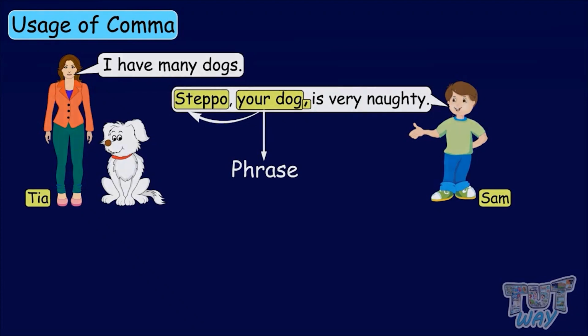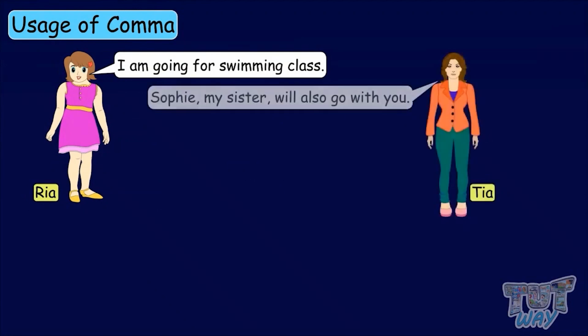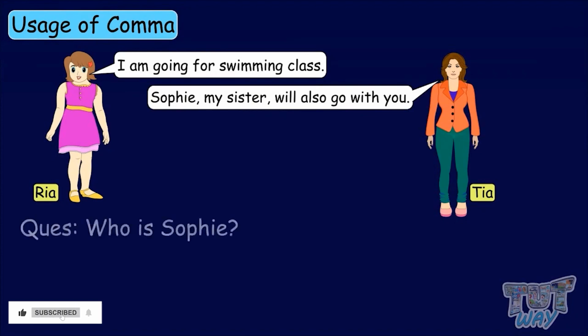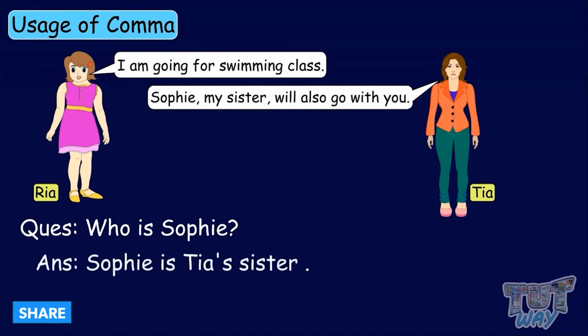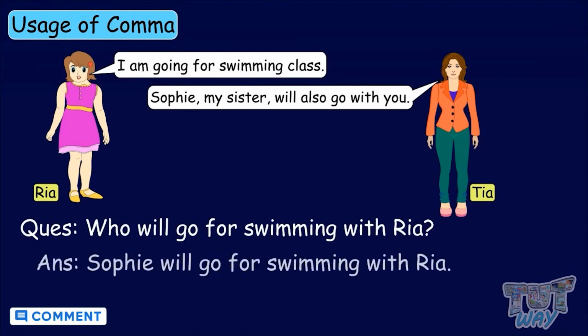Now here we have another conversation. I am going for swimming class. Sophie, my sister, will also go with you. Now the question is, who is Sophie? Sophie is Tia's sister. Who will go swimming with Ria? Sophie will go for swimming with Ria.